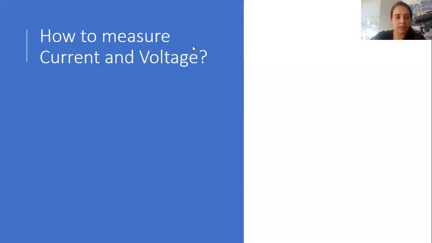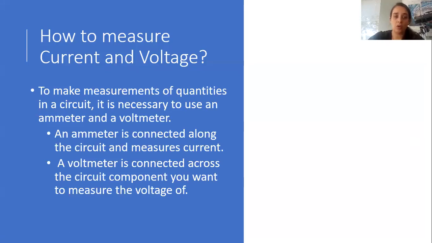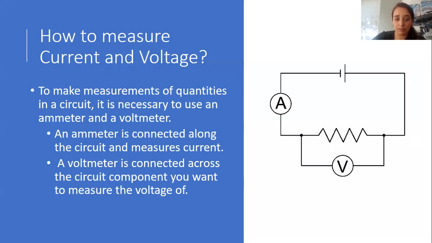And the last point is how to measure current and voltage. To make measurements of these quantities in a circuit, it's necessary to use an ammeter and a voltmeter. If we have a circuit, like in this simulation that we just did, we used an ammeter in our circuit to measure how much current was going through.